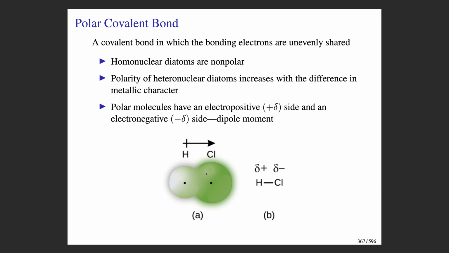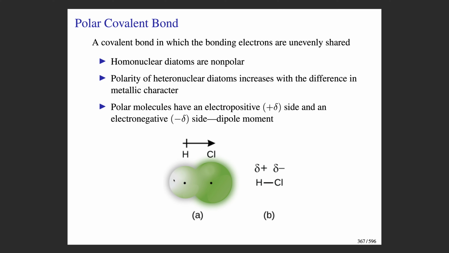This difference in the ability to attract electrons to a given atom gives rise to what we call a polarity. And so this arrow here represents what's called a dipole moment. Since the chlorine side of the molecule tends to have more electrons around it than the positive side, it takes on a negative character. The hydrogen side is a little bit more positive.